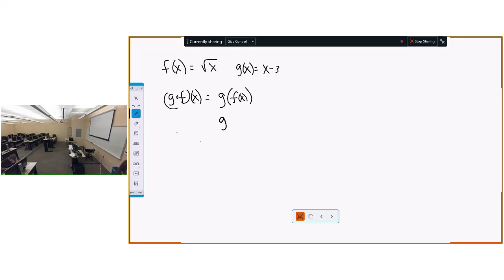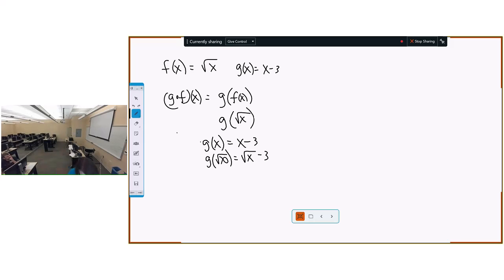So that's going to be g of the square root of x, because f of x is the square root of x. We know g of x is given as x minus 3, so g of the square root of x equals the square root of x minus 3.